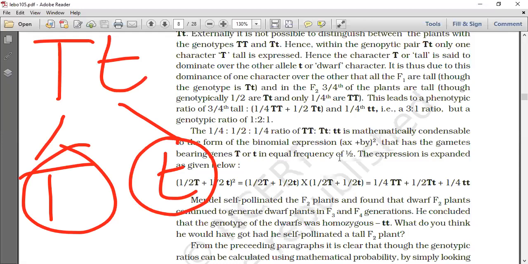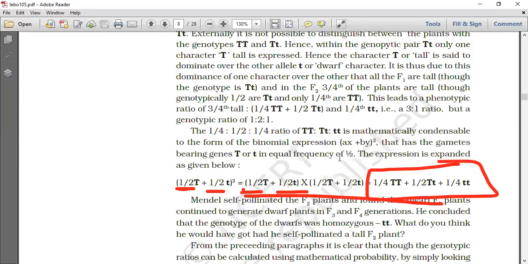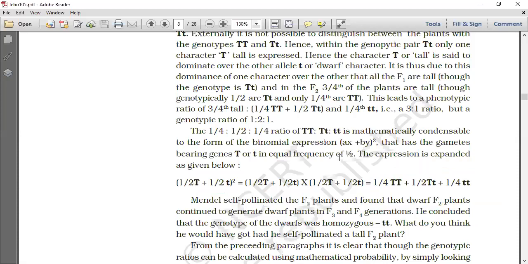The expression is explained as given below: 50% tall gamete, 50% dwarf gamete. It's just like (A + B) whole square. So what do you get? We have to see the whole result, expanded like (A + B) whole square. I'll show you in that form: (capital T + small t) whole square.